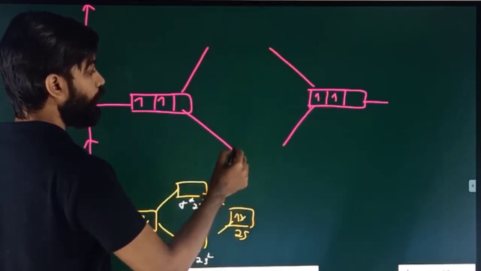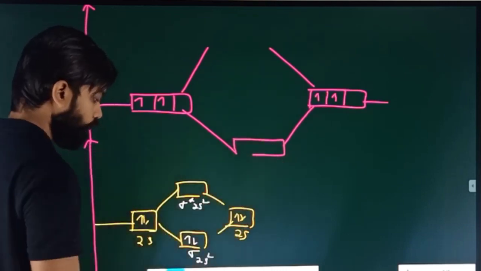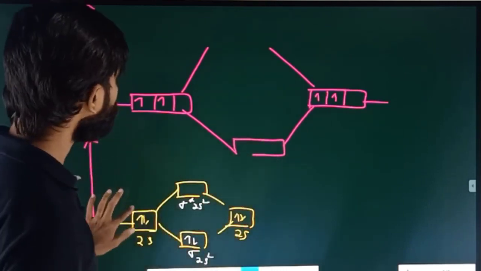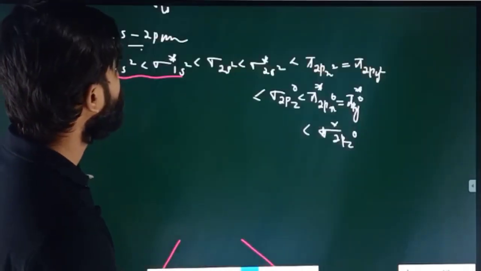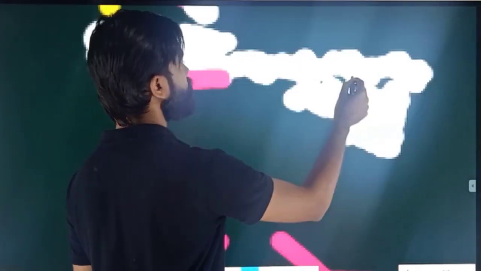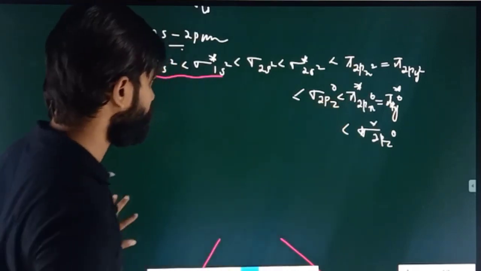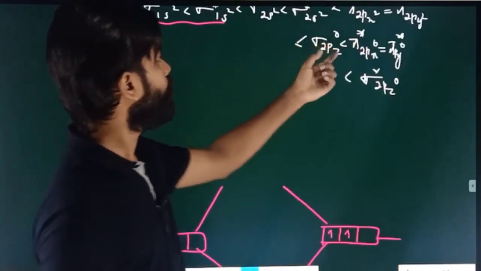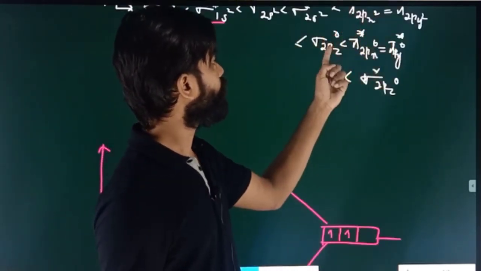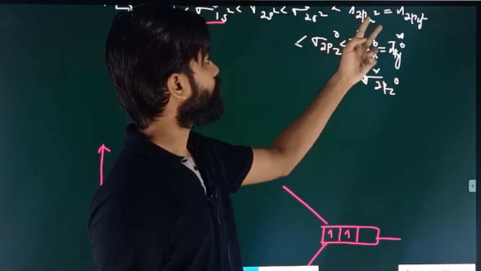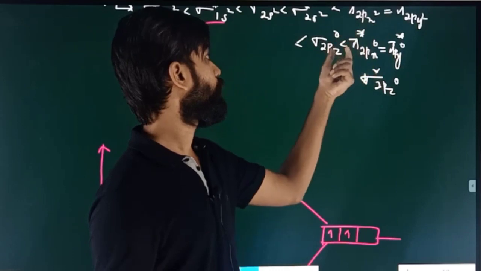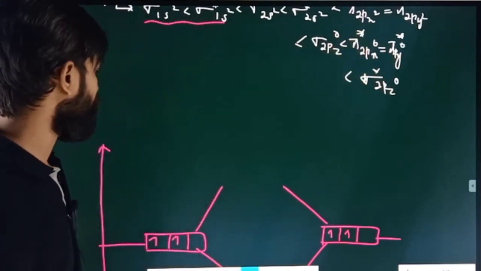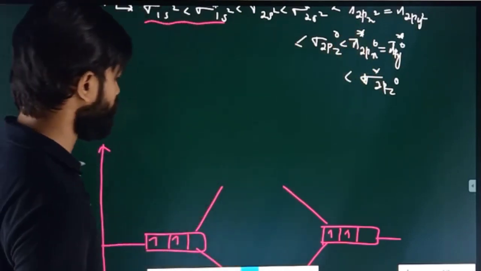What about the order? Due to 2s2p mixing, among these 6 orbitals, the ones with the least energy are pi 2px equal to pi 2py, and sigma 2pz has relatively more energy.